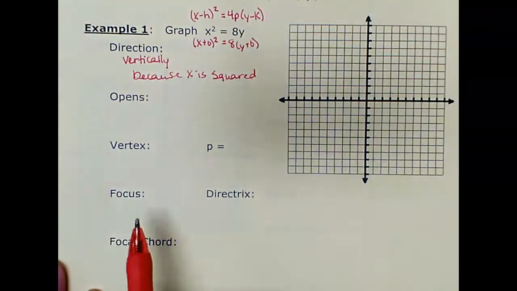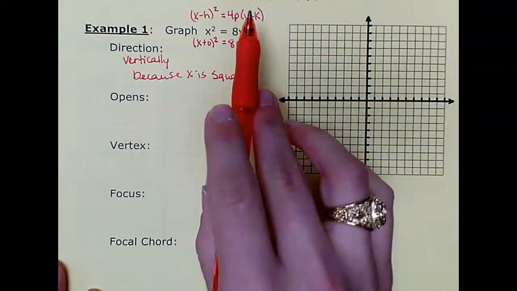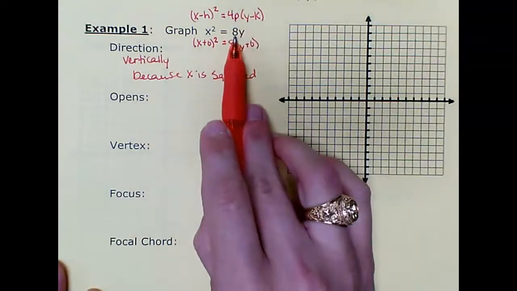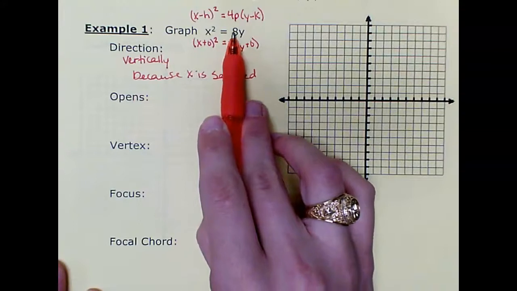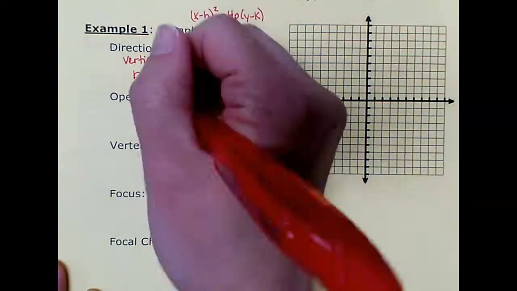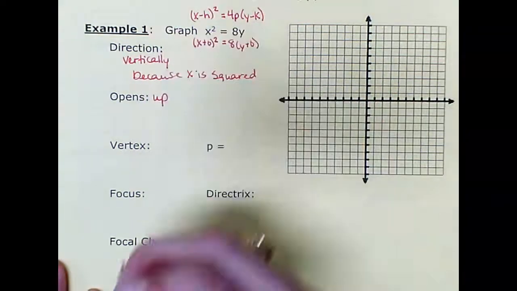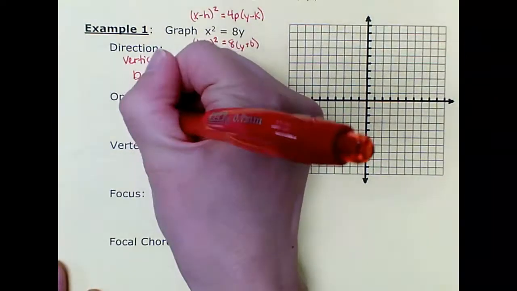Now, if we're opening vertically, that means I can either open up or down. So look at your 4p value, that coefficient in front of the non-squared term. Is it positive or negative? It's positive. So vertically, that means if I'm opening in the positive direction, I'm opening up, because the 4p value is positive.